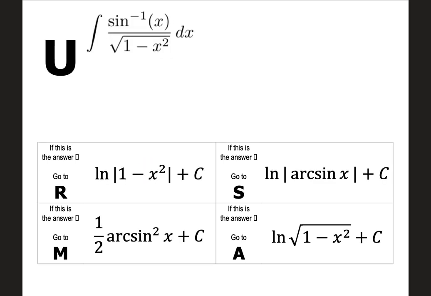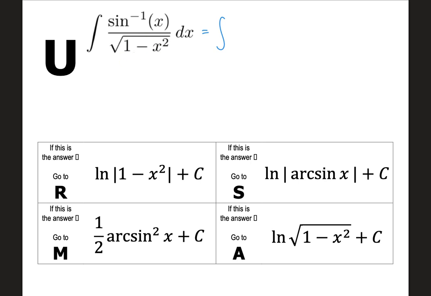Okay, so this next one looks complicated, but let's rewrite it just so we can see it. It's hard to say why I'm going to rewrite it this way. I think you just have to notice that you have an inverse sine, and then you have this square root of 1 minus x squared in the bottom. Whenever you're thinking about inverse sine, think about taking the derivative and you get something like 1 over this basically.